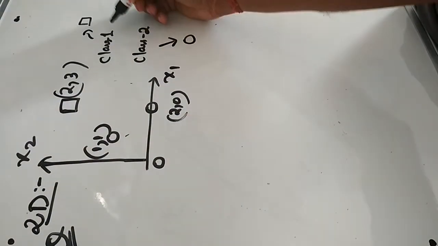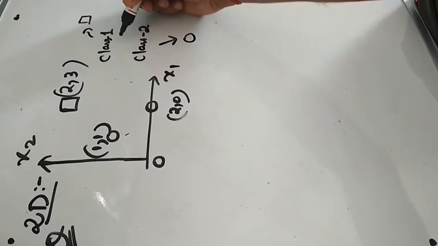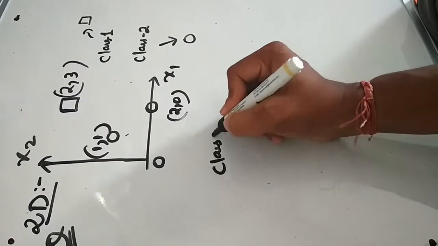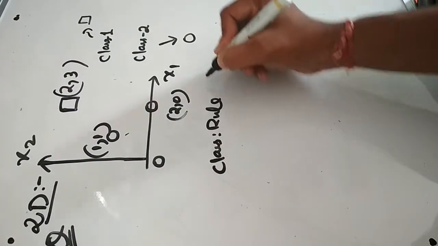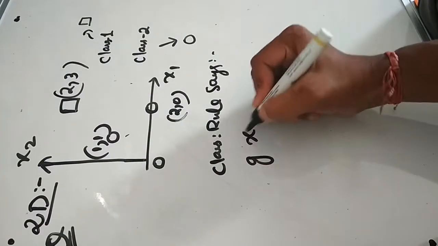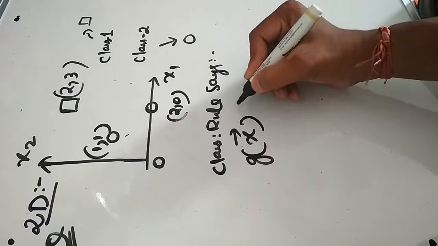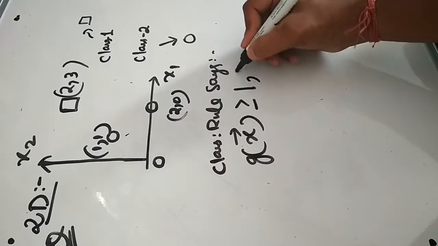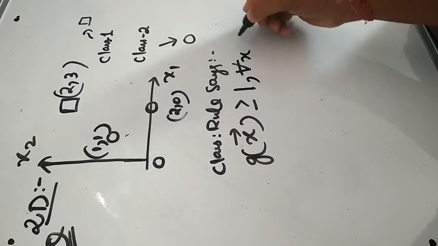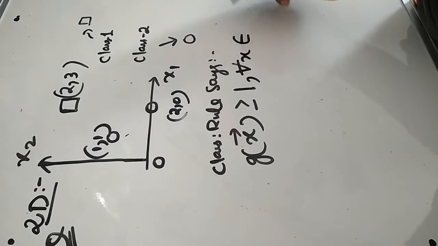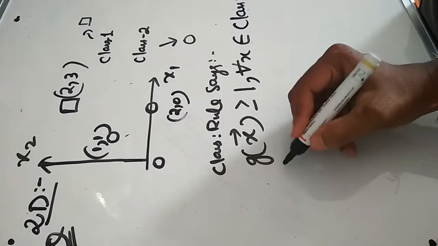So for class 1, the rule says g(x) should be greater than or equal to 1 for all x belongs to class 1.